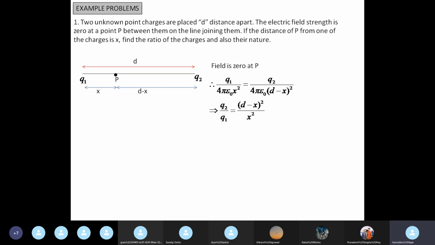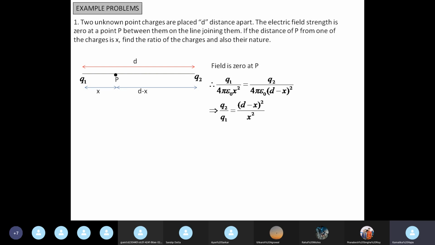So according to the problem, the field is 0 at P means these two values must be equal. They neutralize each other at P. So we have Q1 by 4 pi epsilon naught x square equal to Q2 by 4 pi epsilon naught (d minus x) whole square. You have been asked to find the ratio. So Q2 by Q1 equals (d minus x) whole square by x square. Value of x has not been given, so you can keep your answer like this.